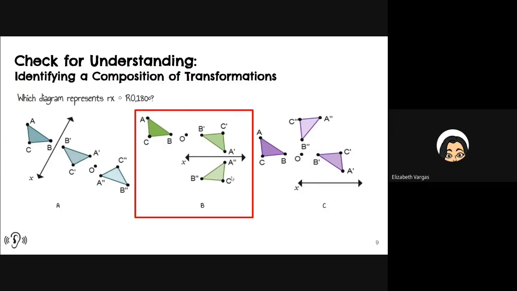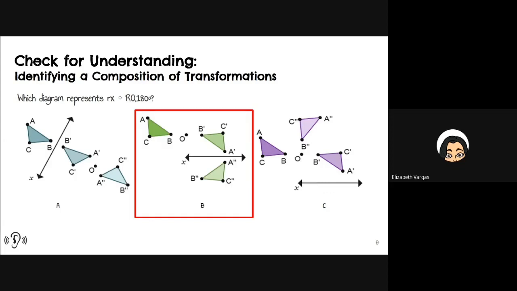And we know that we've composed two types of transformations because we start with our pre-image, then one prime notation represents our image, and then two prime notations represent that we have two different types of transformations taking place.